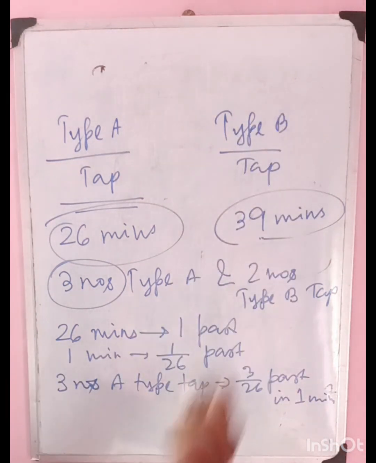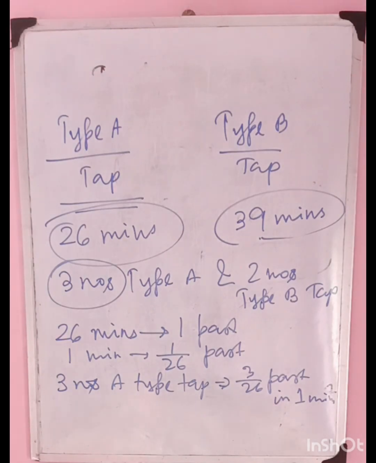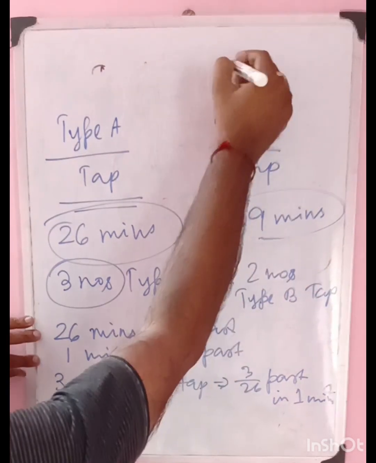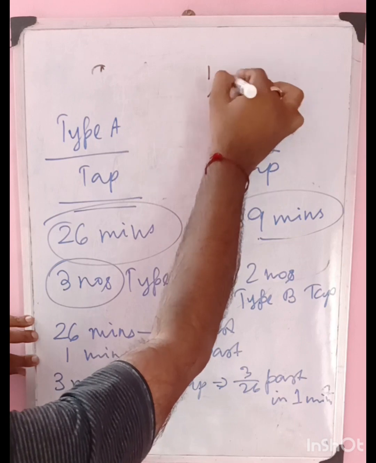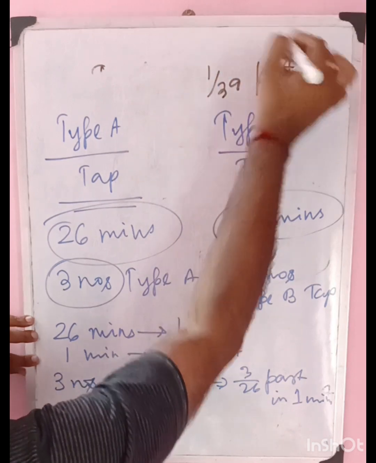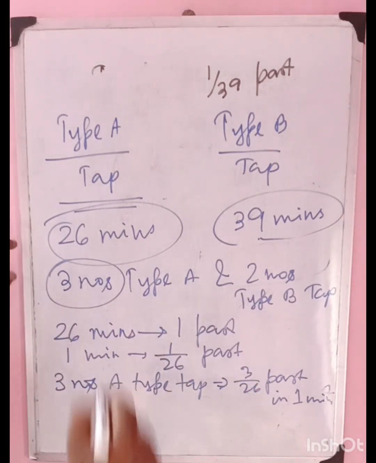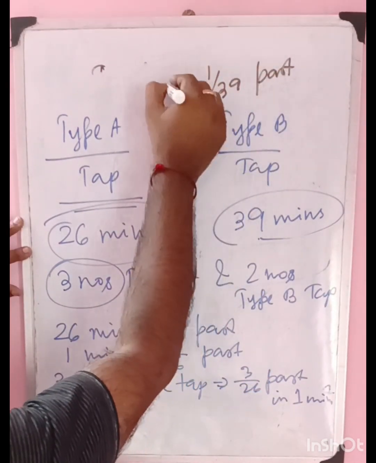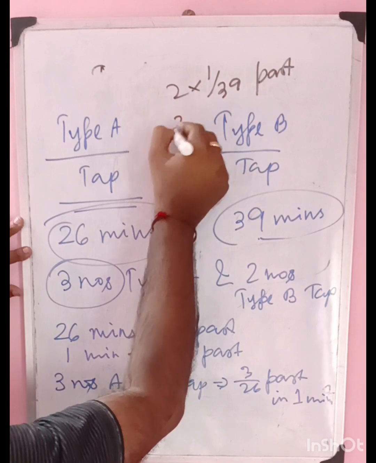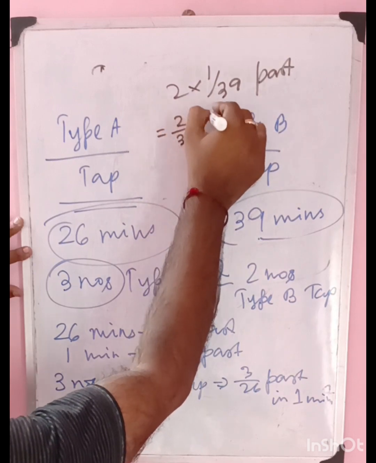Similarly, for the second type, you can do it yourself. It takes 1 by 39 part in 1 minute and there are 2 taps. So it is 2 into this, 2 by 39 part. Okay.